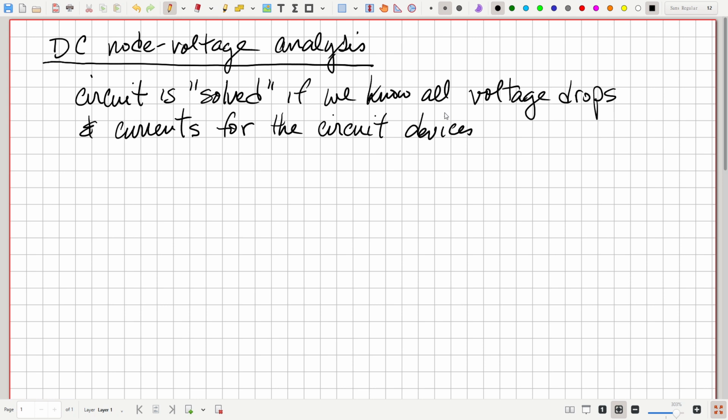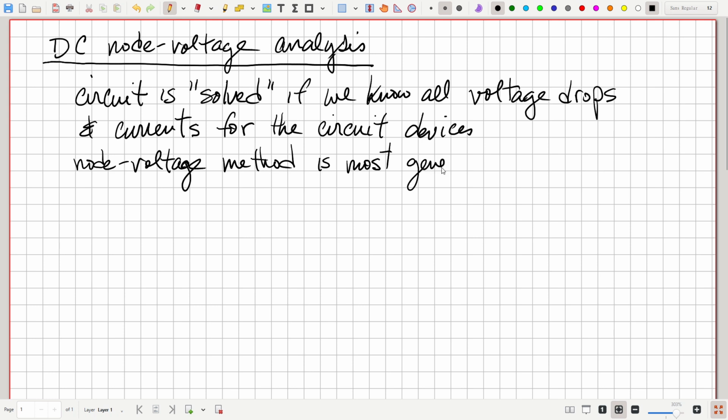So there are various ways to solve a circuit, and when we get to a relatively complicated circuit, often the only thing that will work is this node voltage analysis. It is the most general method. So we'll call this the node voltage method, the most general technique we have.